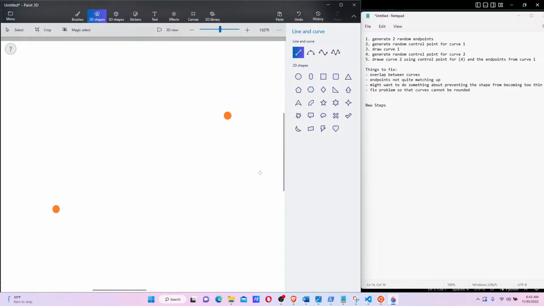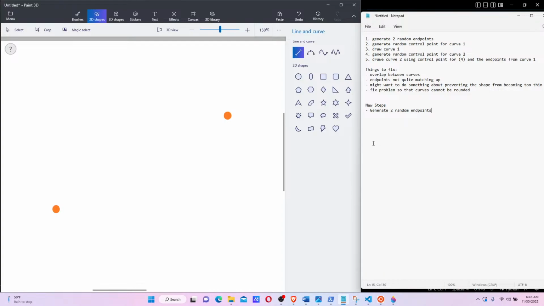Okay, so, new steps. Needs to fix new steps. So the first thing is generate 2 random endpoints. Doesn't matter where they are, they can be anywhere.